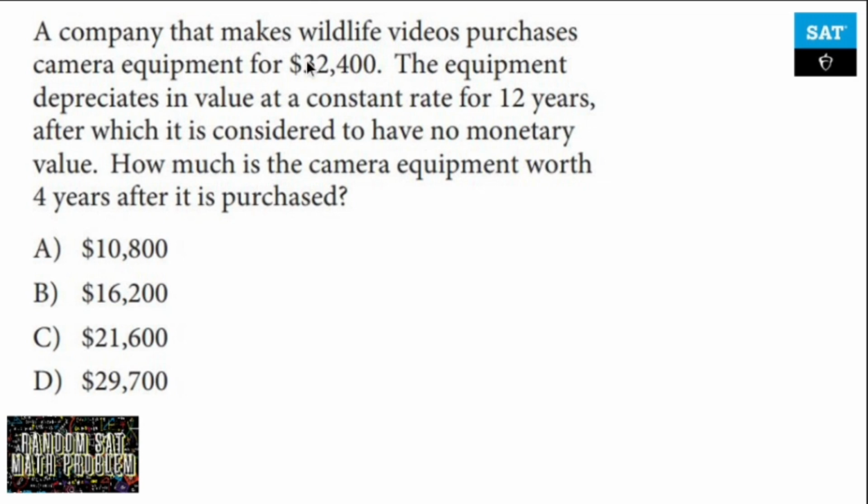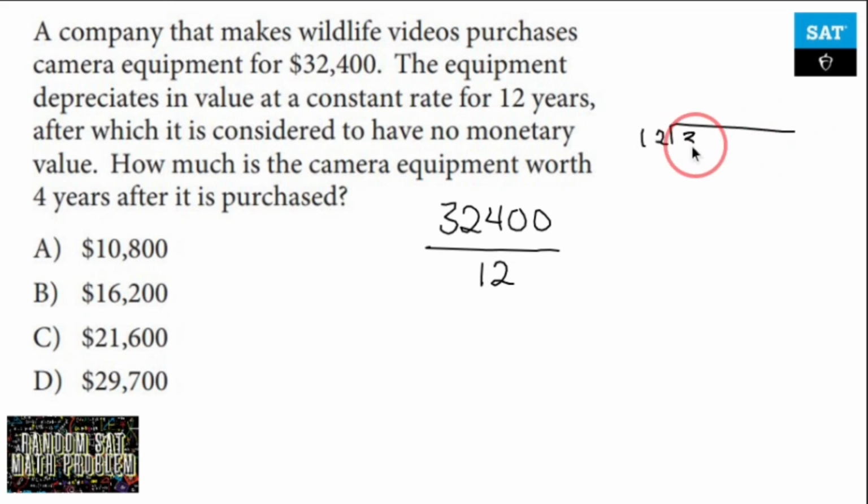All right, so let's see how much it loses per year. The way I'm going to do that is take the initial value, and since it goes to zero after 12 years and loses the same amount each year, I'm going to divide by 12. I don't remember that, so I'm going to do it the old-fashioned way. 12 goes into 32 twice. 2 times 12 is 24. 32 minus 24 is 8.